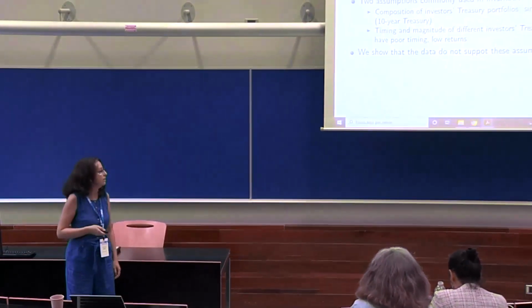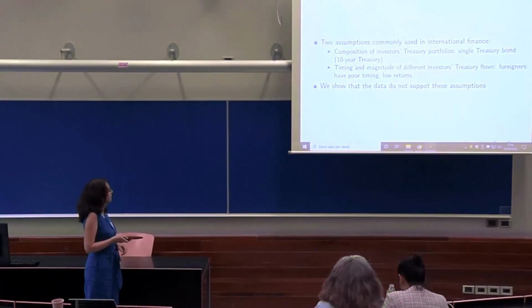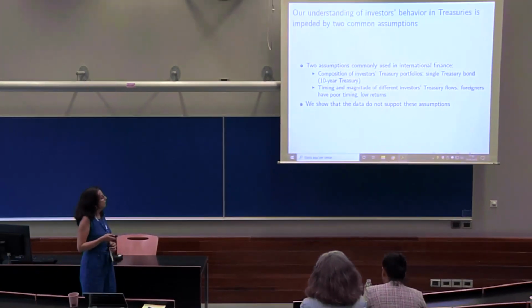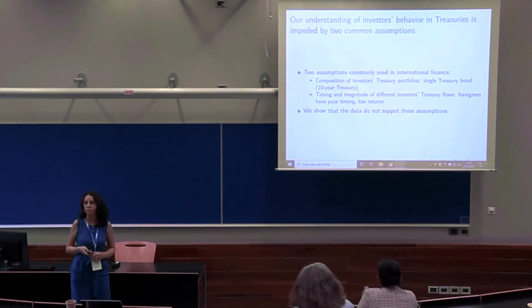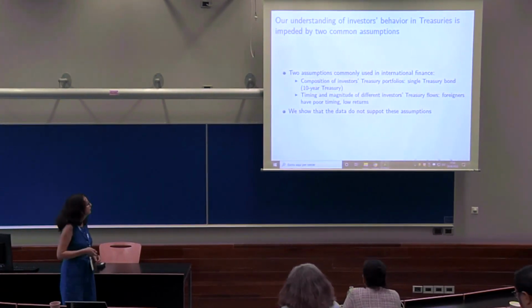And the second assumption is that we actually know something about the timing and magnitude of different investors' flows in treasuries and out of treasuries. The assumption is that foreigners have poor timing, they have low returns, and therefore they are assumed to be not price sensitive. We show that the data does not support both of these assumptions.